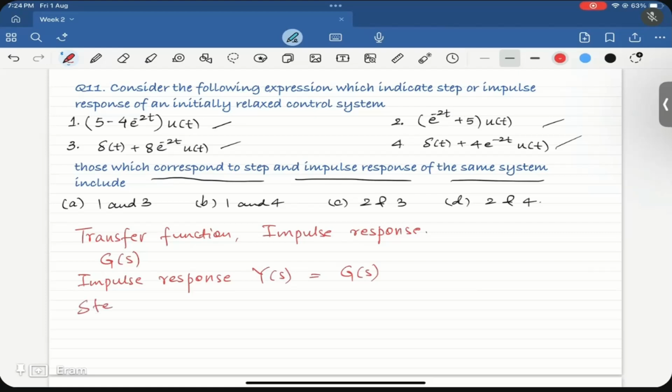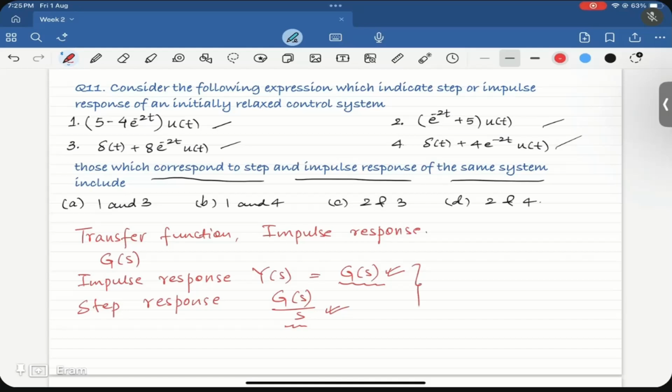And what is the step response? If the transfer function is G of s, then the step response will be G of s by s. So the impulse response is G of s and the step response is G of s by s.